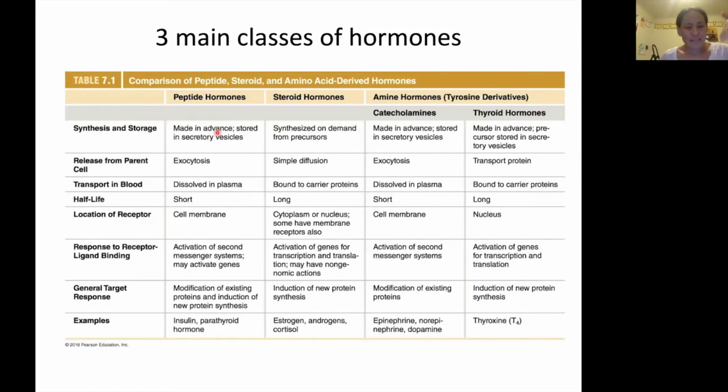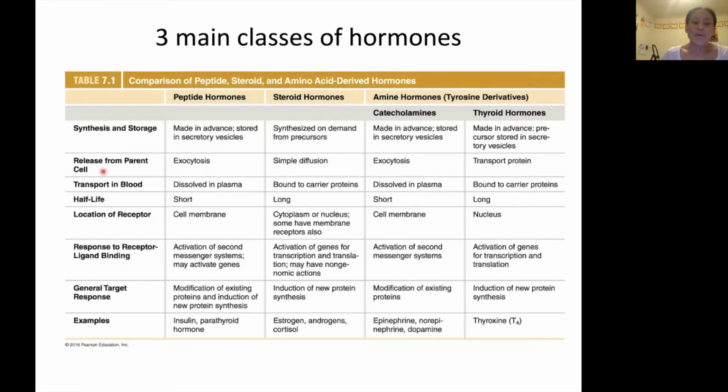They go through the secretory pathway, and then they're stored in secretory vesicles. They just hang out in those vesicles and wait for a signal to tell them to be released from the cell. They're released from the parent cell by exocytosis.